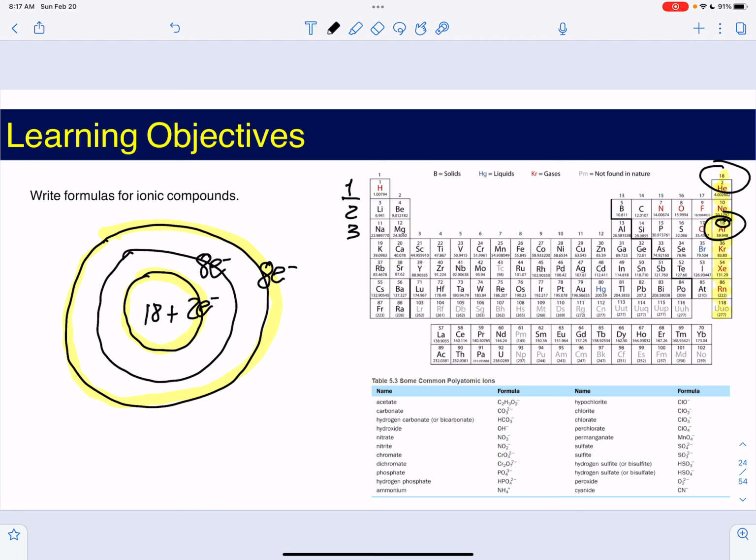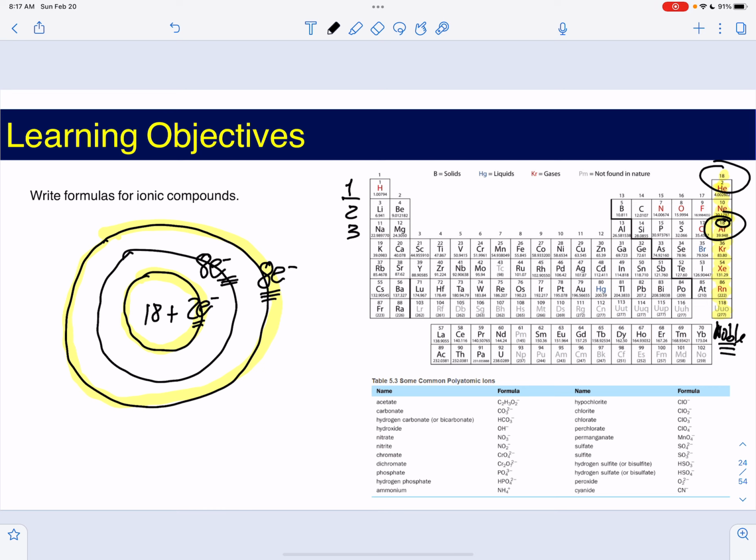Nature wants, if you only have one energy level on one period, 2 electrons there, full. If you have 2 energy levels, nature wants the last one to be full, 8. And if you have 3 energy levels, nature wants the last one to be full, 8. And that's what you see on the noble gases.